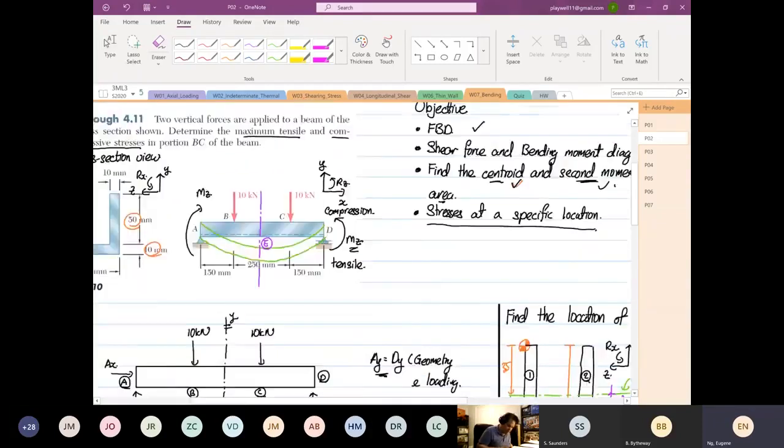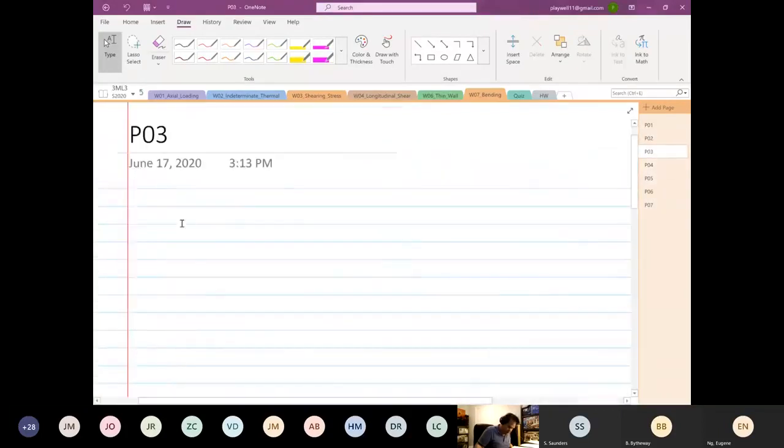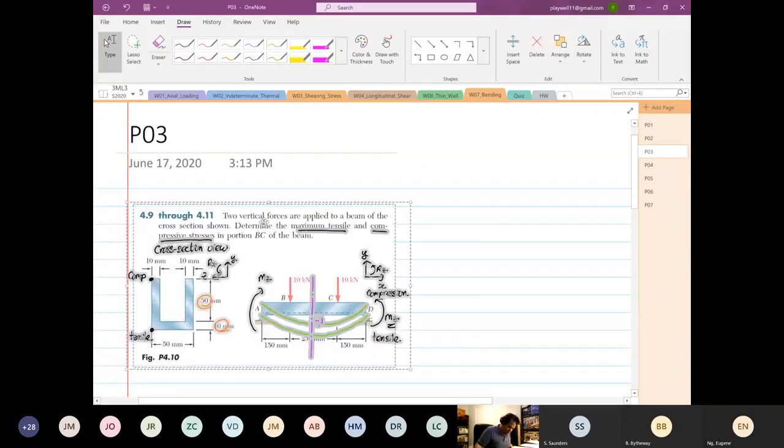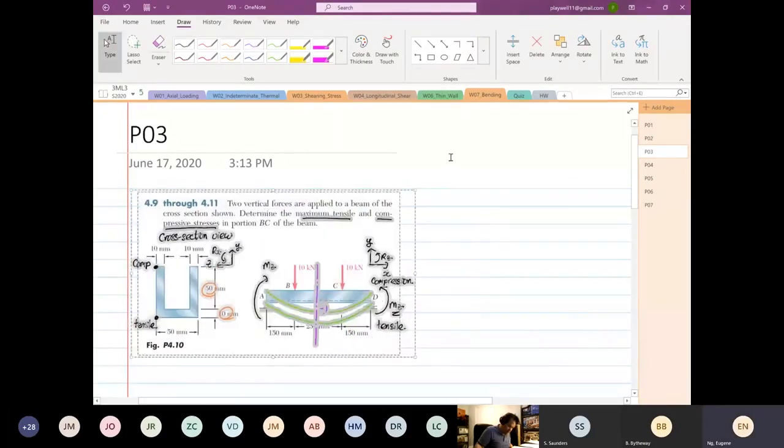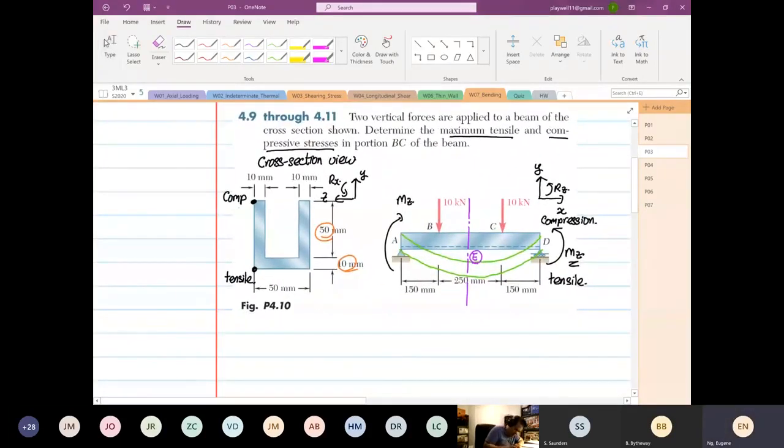Again, I'm going to copy this whole thing and bring it over. From the analysis that we have carried out, we're going to call the top point alpha, and the bottom is beta. We are also aware that our centroid, the distance from the bottom, is 25 millimeters. We found that out already.